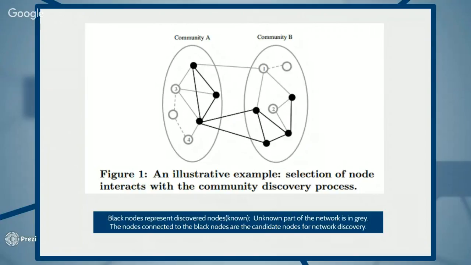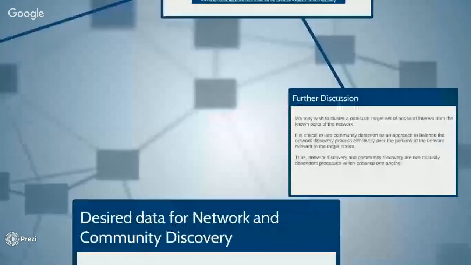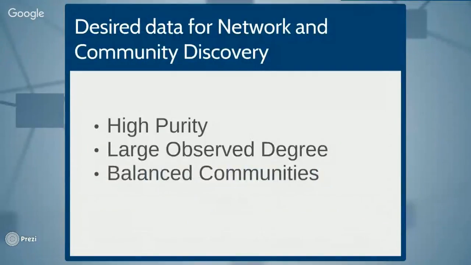This is not helpful, as later on we'll obviously need to distinguish these two, and hence node number 3 is helpful as it strengthens community A, as well as helps in distinguishing community A from community B. So from this discussion, we can conclude that the following parameters are required in our nodes: high parity, large observed degree, and balanced communities.